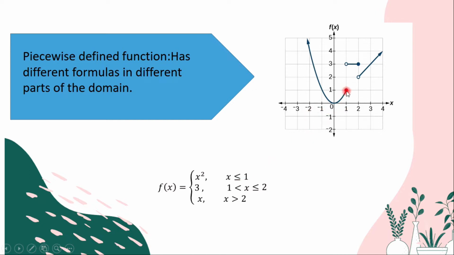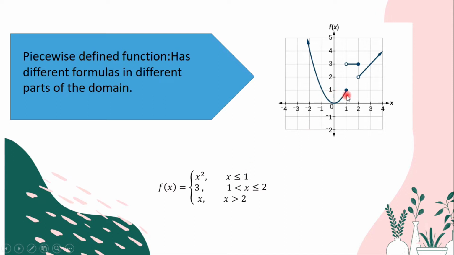So for the domain, first we look at what type of graph it is. Our graph is a quadratic, so we write it as x squared. It's just x squared.